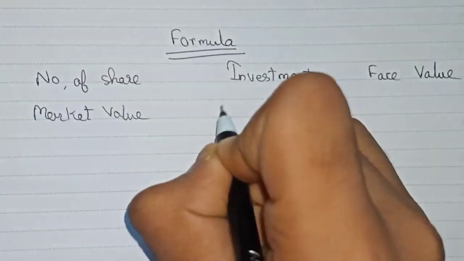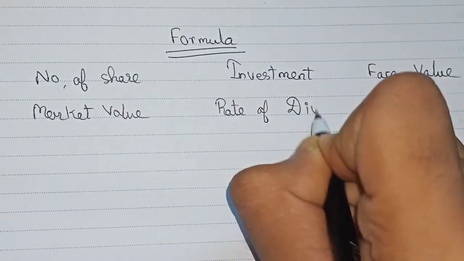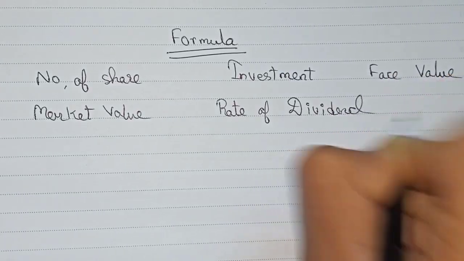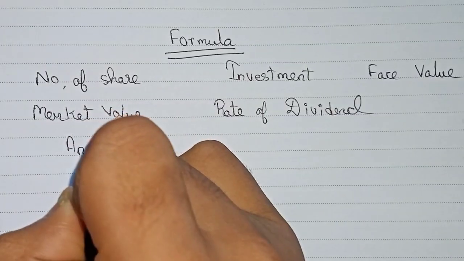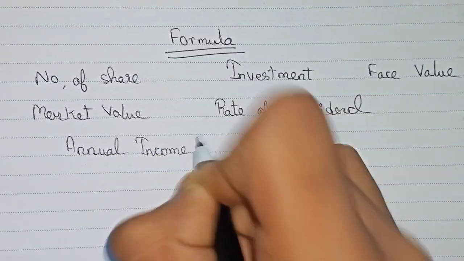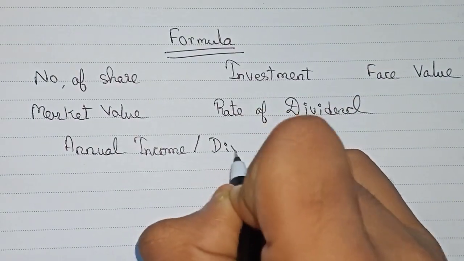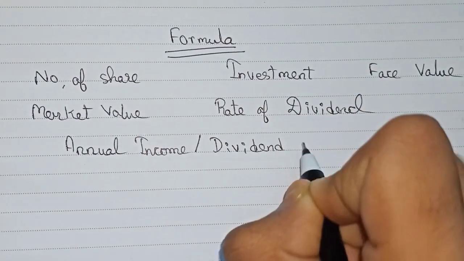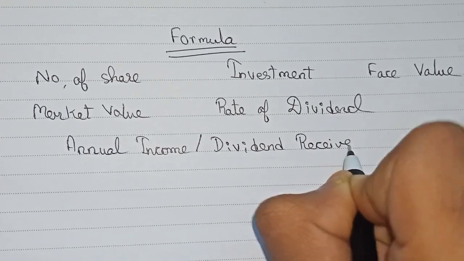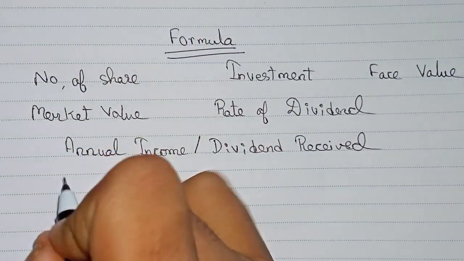Then comes rate of dividend. Then comes annual income, or dividend received. Then comes rate of return.